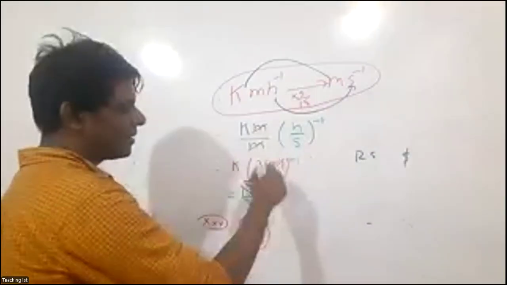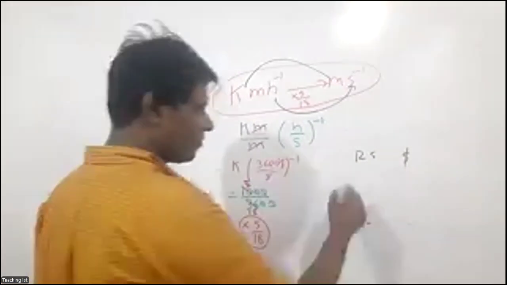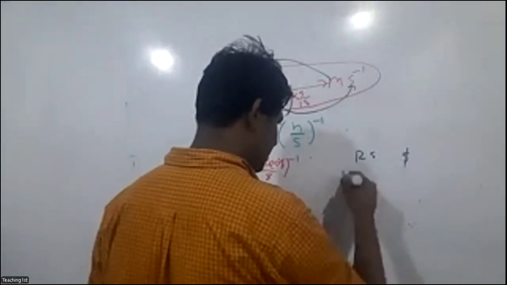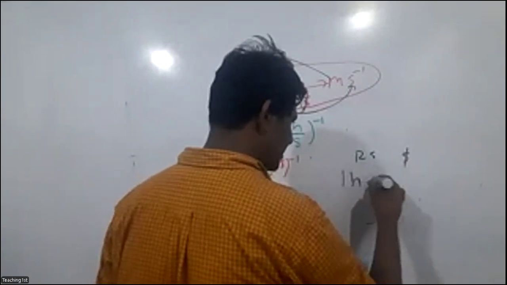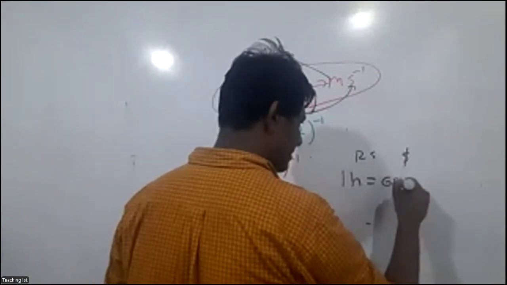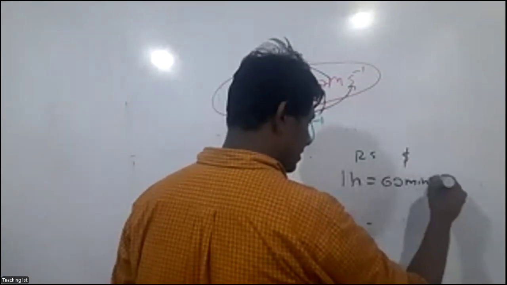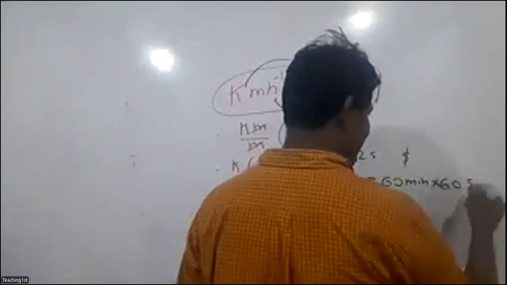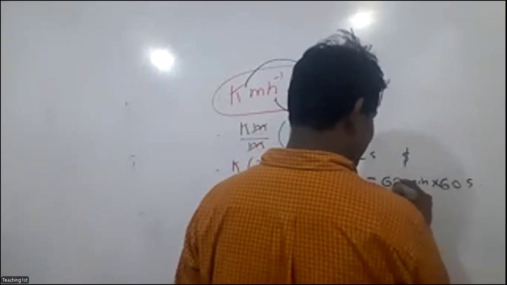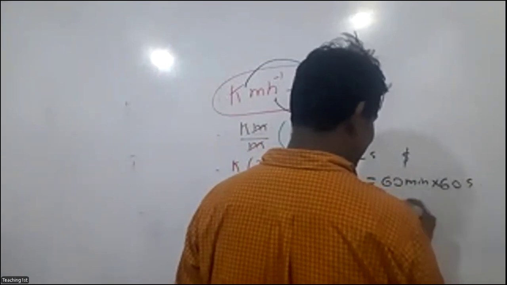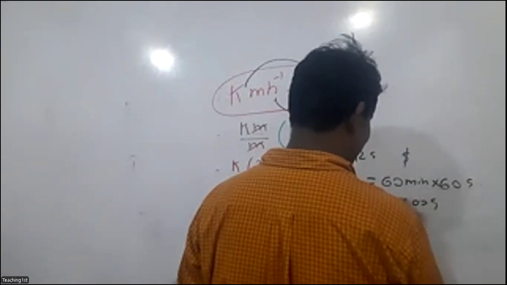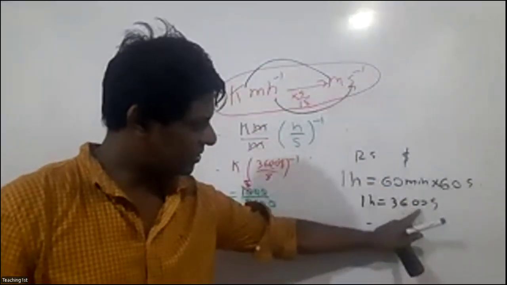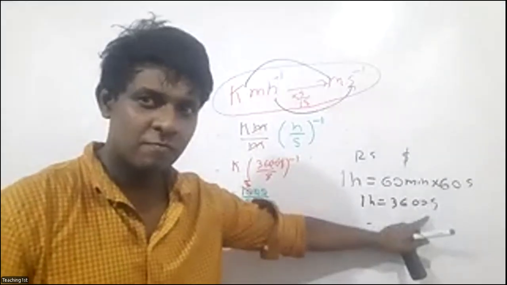How did I multiply it by 3600? For 1 hour, it consists of 60 minutes. So 60 minutes consists of 60 seconds. 6 times 6 is 36 and 00, so 1 hour is equal to 3600 seconds.